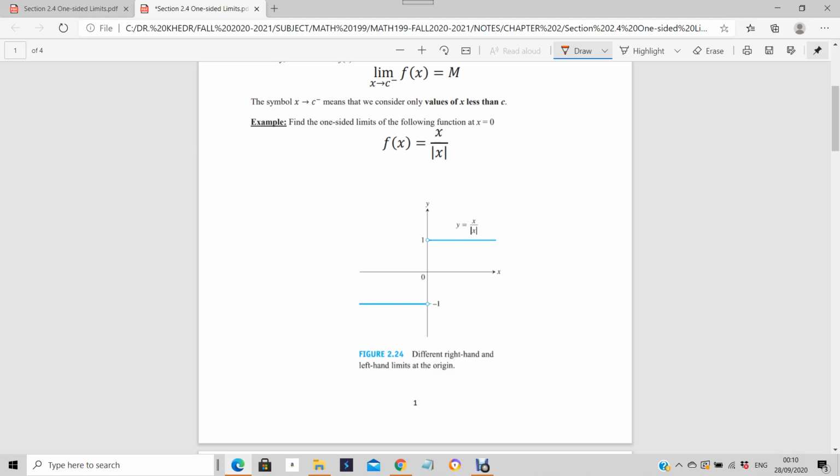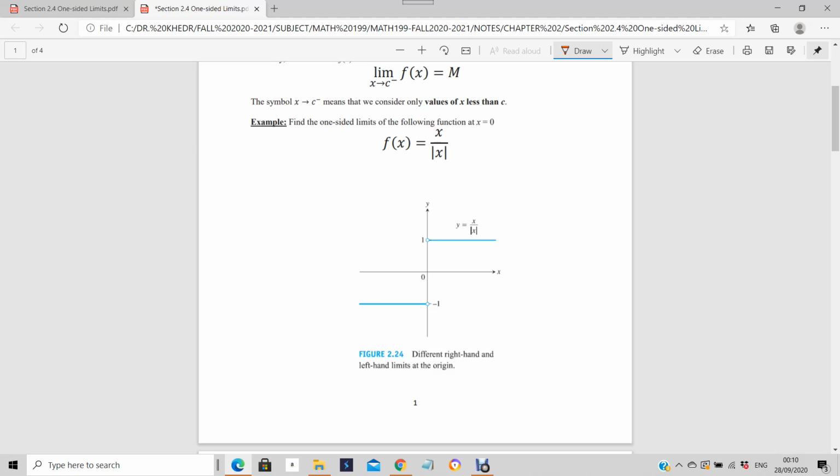So both of these lines represent the graph of the function. The graph of the function consists of two parts: the right part, or the part on the top, which follows values of x greater than 0, and this line at the bottom, which follows values of x less than 0. Now, if we want to find the one-sided limits, first we have to see the right side limit.